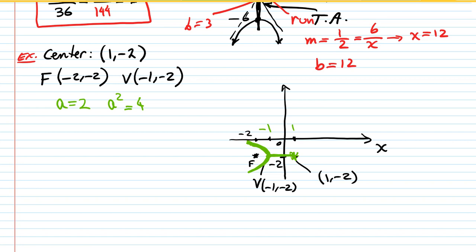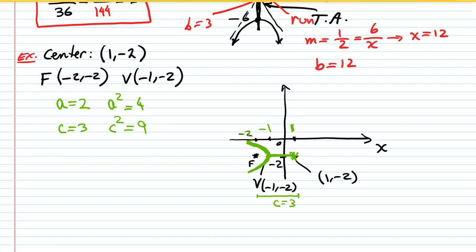And the distance from the center to a focal point, that's C, right? That runs from 1 to -2. So that distance is 3 units. C is 3. I'm getting that directly from the graph. C squared is 9. Okay, so we got our A and C. We can find B now, right?